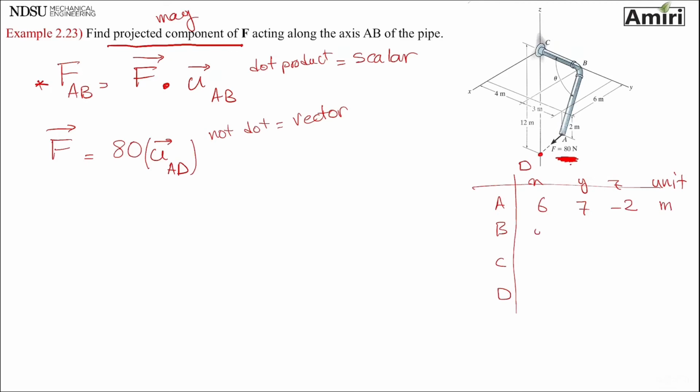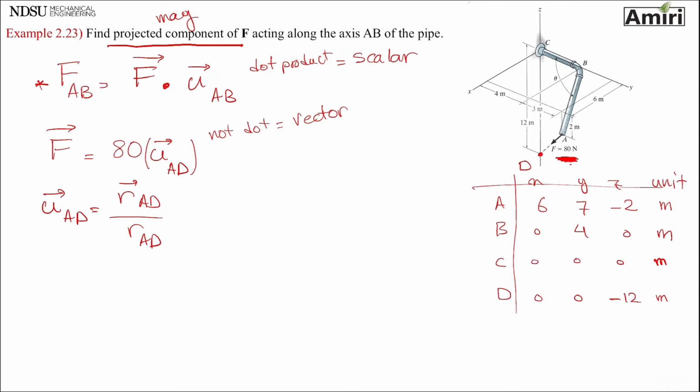B is located at 0, 4, 0 meters. C is located at 0, 0, 0. And D is located at 0, 0, minus 12 meters. Okay, so unit vector of AD, position vector AD, divided by magnitude of position vector AD.